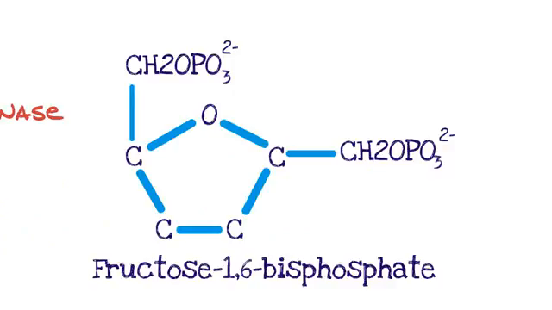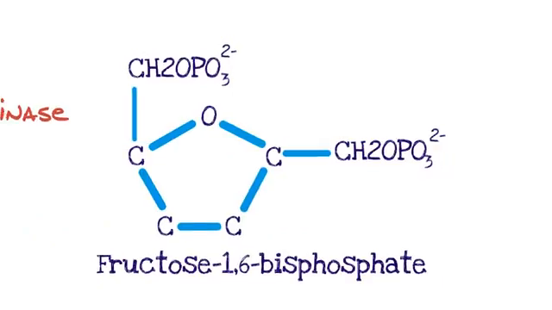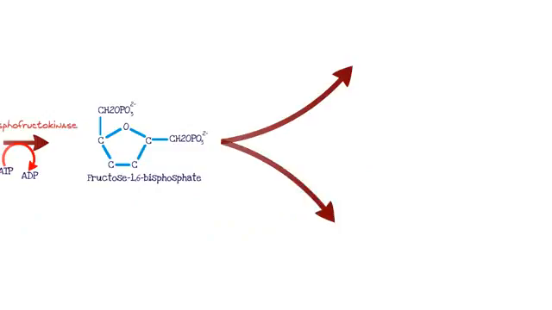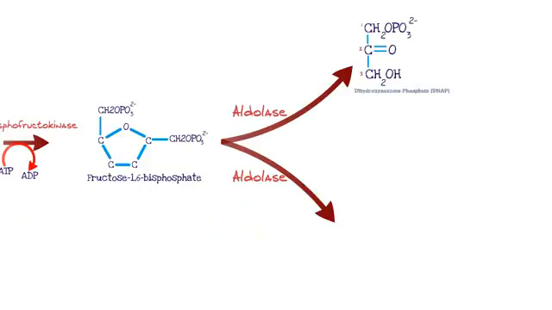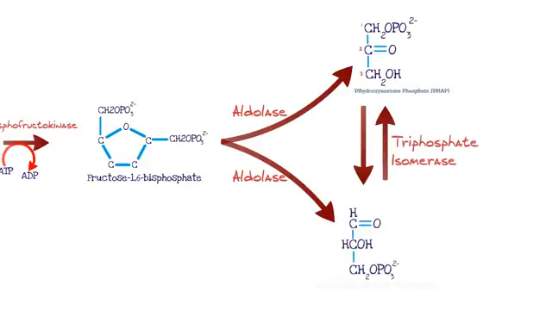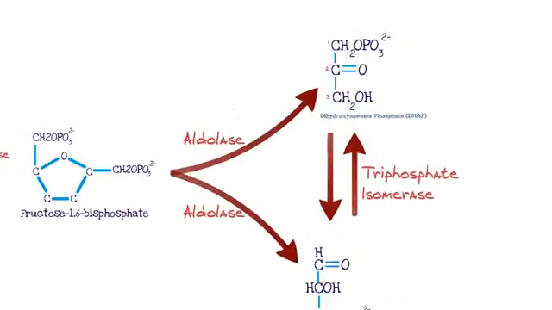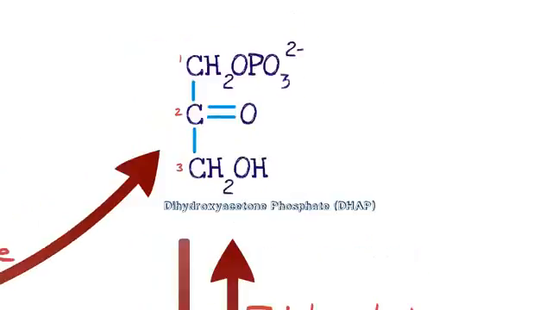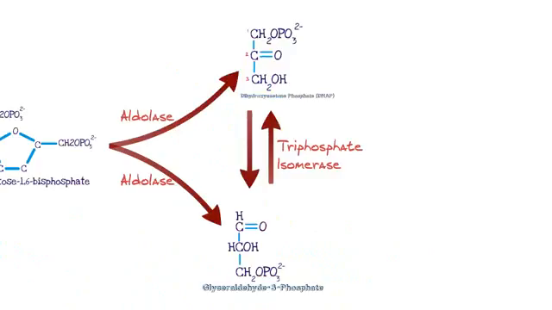You can see it's a 6-carbon molecule here, but under the reaction of aldolase, it becomes cut into 2 3-carbon molecules. It can either become dihydroxyacetone phosphate, or it can become glyceraldehyde 3-phosphate. Glyceraldehyde 3-phosphate and dihydroxyacetone phosphate are isomers of one another.